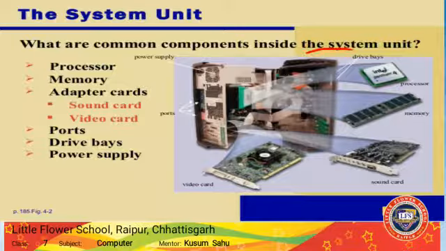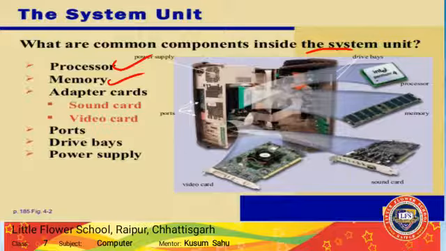First is the processor, through which the data is processed. Next is memory, where we store the information. Now adapter cards, through which we input sound or video into the computer.